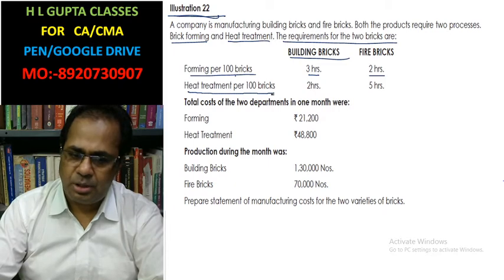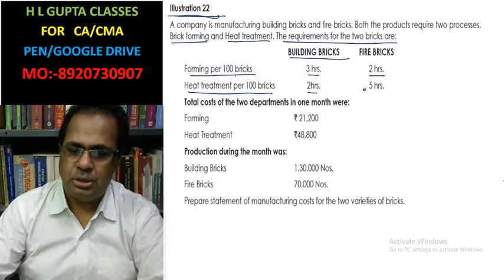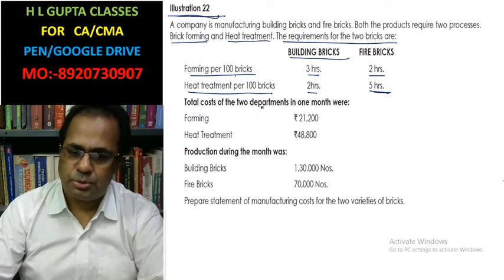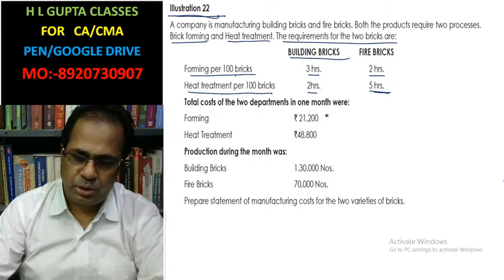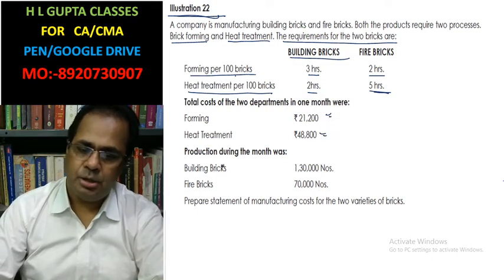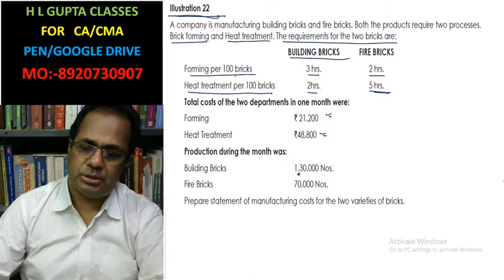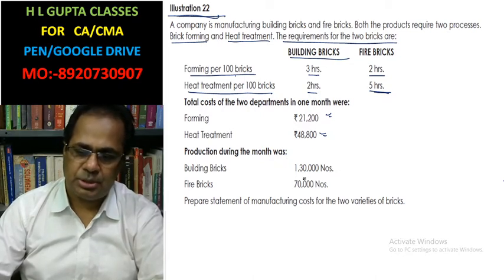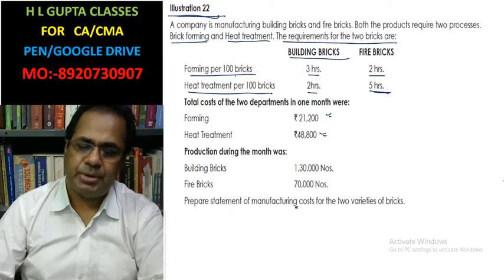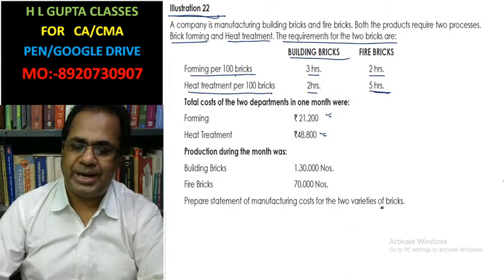Heat treatment per 100 bricks takes 2 hours for building bricks, and 5 hours for fire bricks. Total cost of the two departments in one month is 21,200 for forming and 48,800 for heat treatment. Production during the month is 1,30,000 building bricks and 70,000 fire bricks. Prepare the statement of manufacturing cost for the two varieties of bricks.